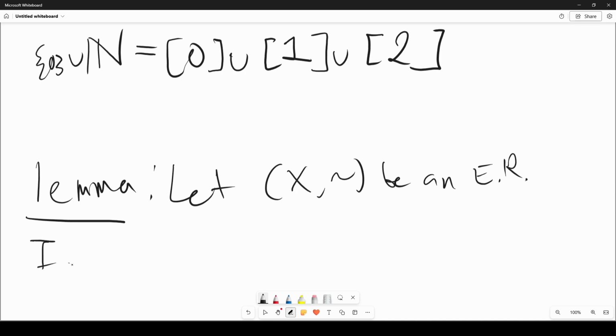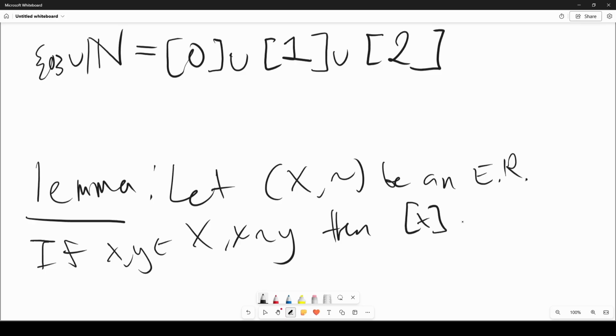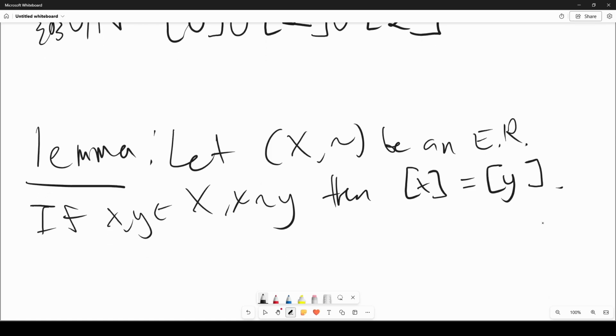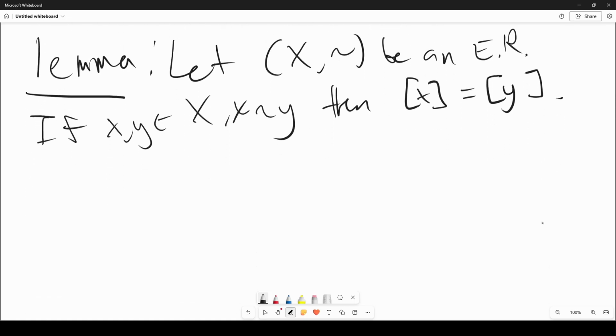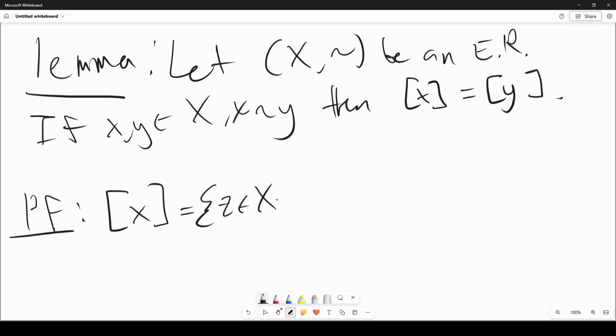And the lemma is: if x, y are in X and x is equivalent to y, then the equivalence class of x equals the equivalence class of y. Okay, hopefully this should be somewhat obvious, but let's check it. Let's examine the equivalence class of x. Well, this is all those z in X such that z is equivalent to x.